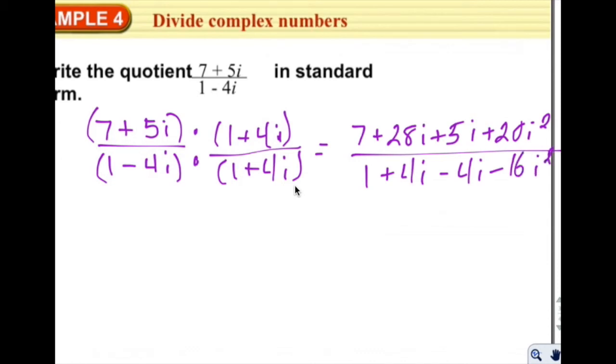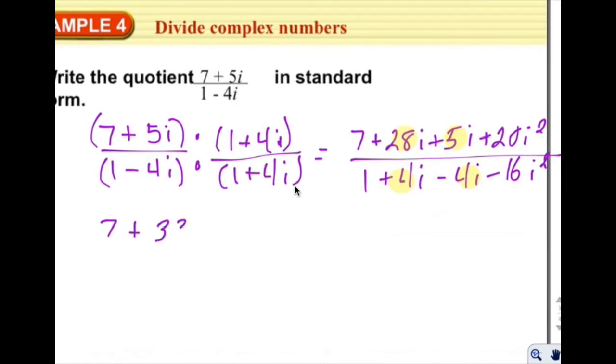So if I take that whole fraction and I simplify what I can, I'm going to combine the like terms that are in the middle. So I'll say 7 plus 33i plus 20i squared over 1 minus 16i squared.